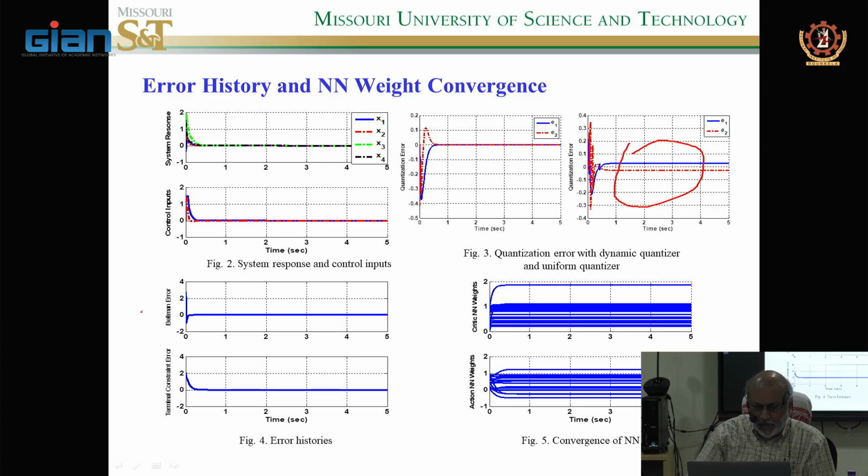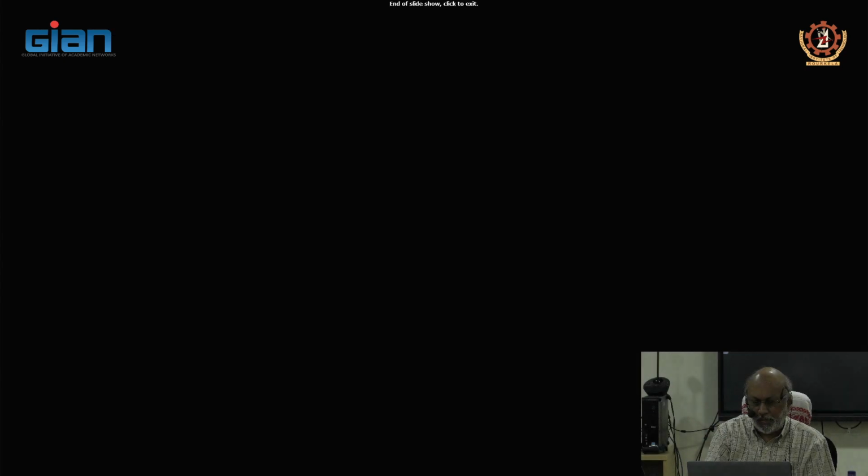And you can see the Bellman error converges, the tensor constraint error converges, the critic weights converge, the actor weights converge. So this is with the output feedback, and the system dynamics unknown. Okay? I think that's all I have here.